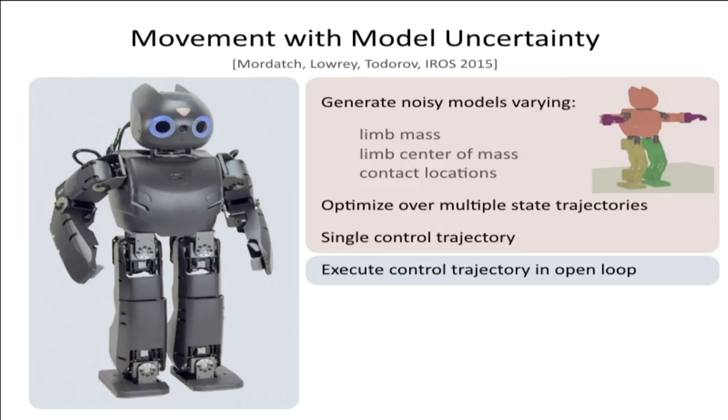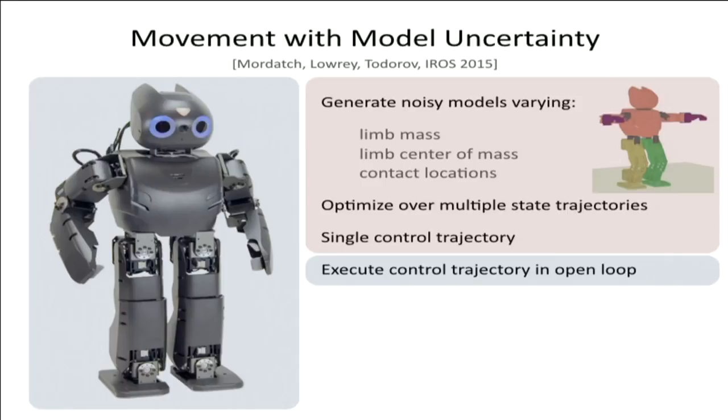So one way that you could perform trajectory optimization with this is you can realize the uncertainty in the models and generate a collection of noisy models by varying these quantities that you're uncertain about, like perturbing limb masses or centers of mass or locations of contacts.